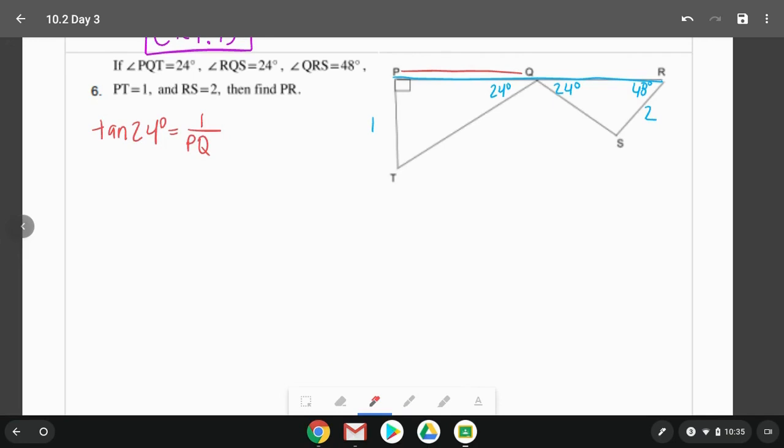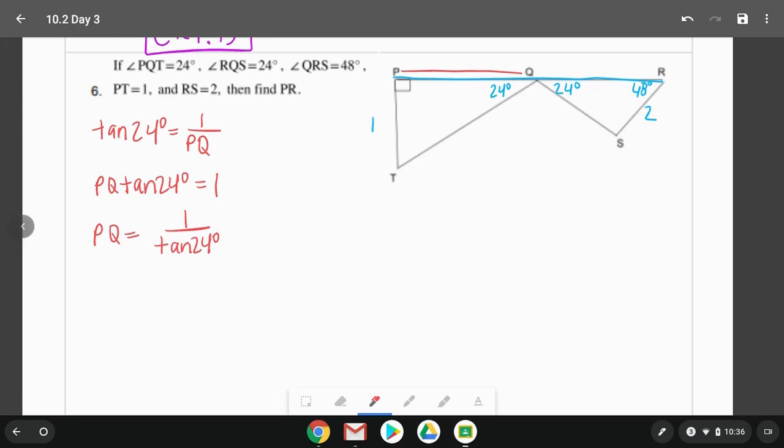If I do a bit of rearranging here, PQ should simply be 1 over tangent of 24 degrees.